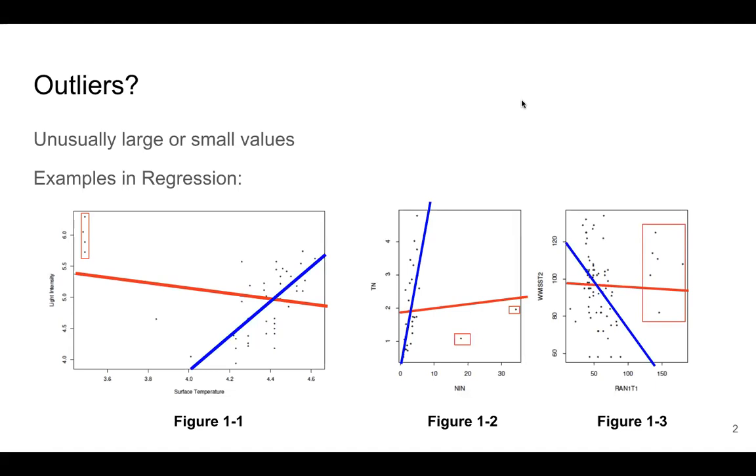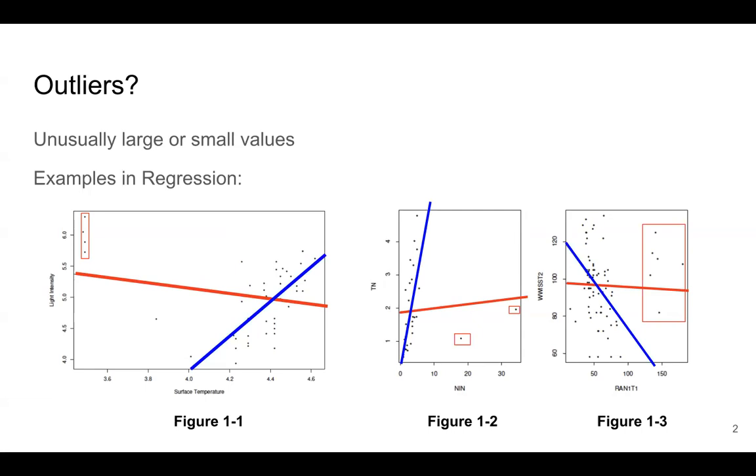So, what are outliers? The definition of outliers is unusually large or small values. Let's take a look at how those outliers affect your regression results.